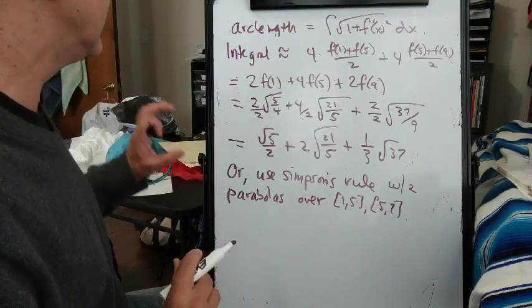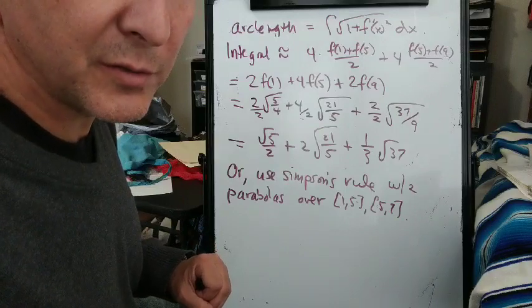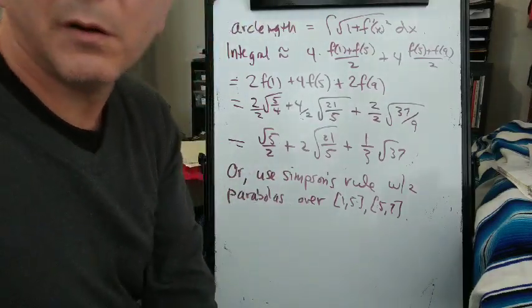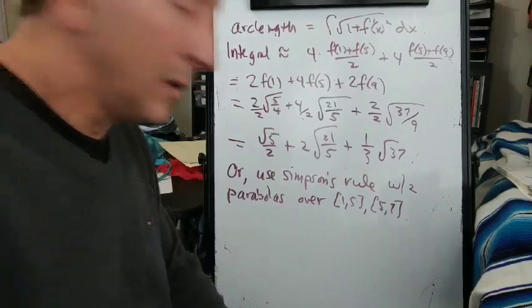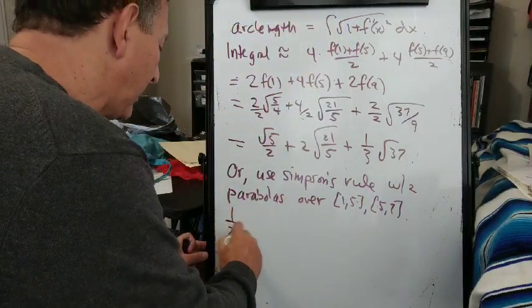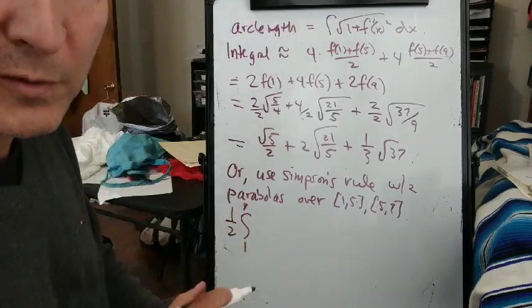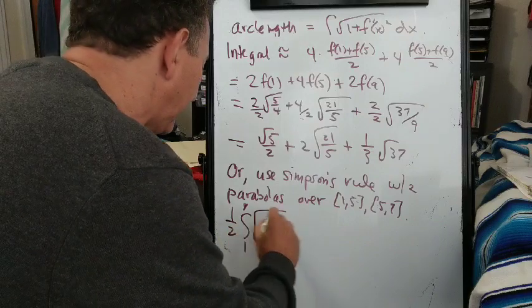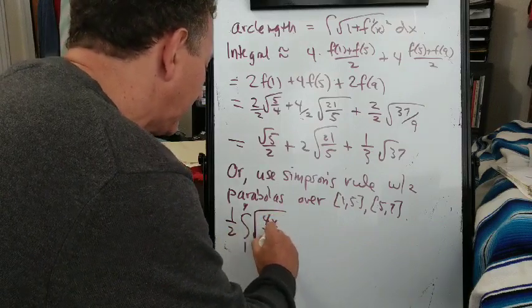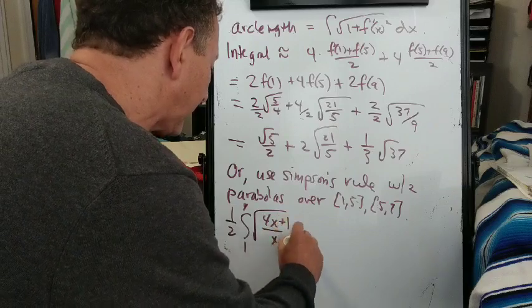Alright, now the integral I erased, but the integral was 1/2 integral from 1 to 9 of square root of 4x plus 1 over x.